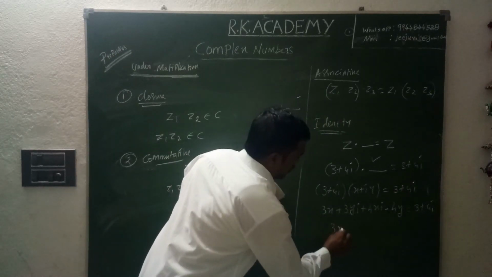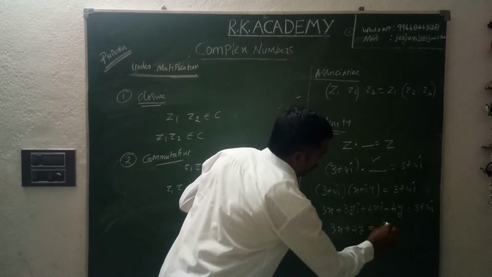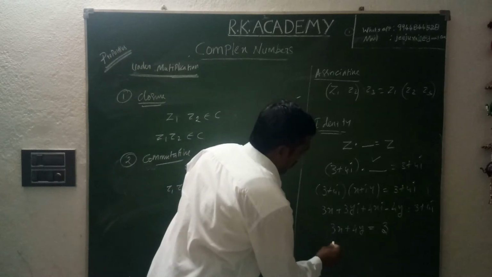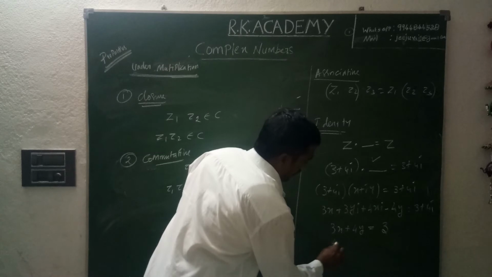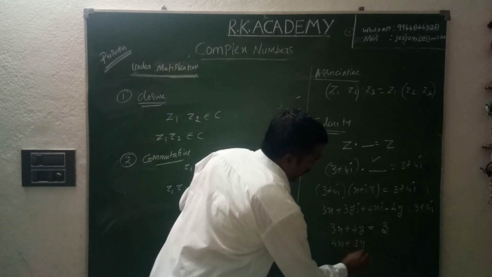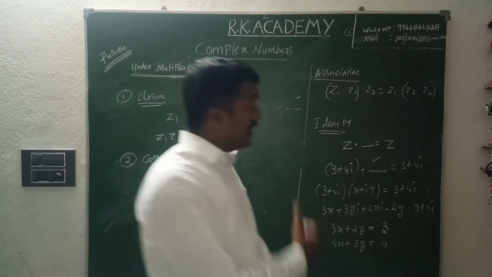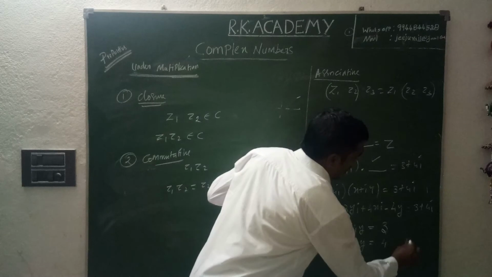So 3x minus 4y equals 3: take the real part equal to the real part. Again the imaginary part, i into 4x plus 3y. 4x plus 3y is equal to 4. We are solving these two equations. What about x? X is equal to 1.